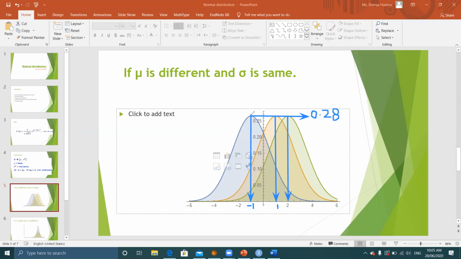This specific point for the blue distribution is -1. So we can write it as f of -1. This is the specified value.